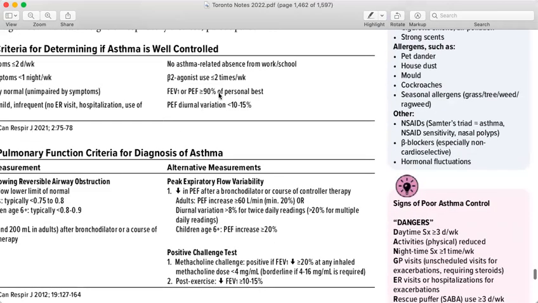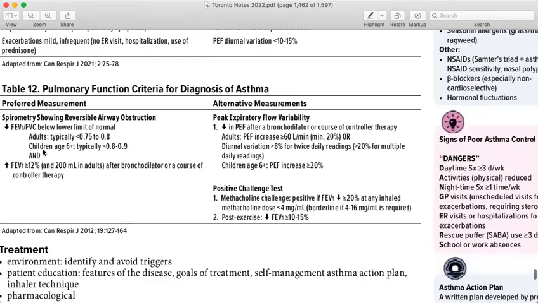Pulmonary function test for the diagnosis: as I already told you, it is only diagnosed after the age of 5. It cannot be diagnosed before the age of 5. Why? Because spirometry needs to be done, and only if spirometry shows FEV1 divided by FVC decreased, only then can you label it as asthma.